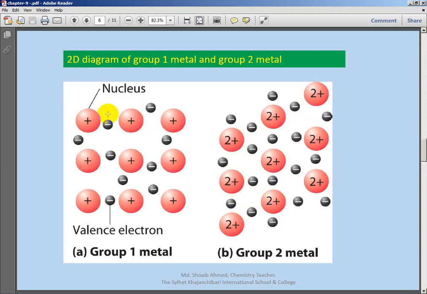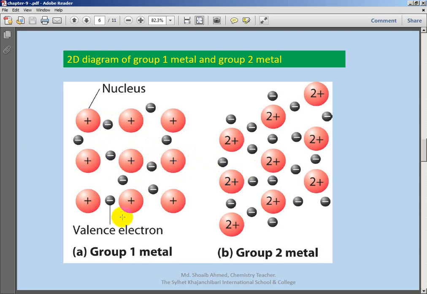Okay, the 2D diagram of group 1 metals and group 2 metals. Look, this is the left hand side of the picture. This is the 2D diagram. 2D means 2-dimensional, here only width and breadth, and 3D means width, breadth and also height.